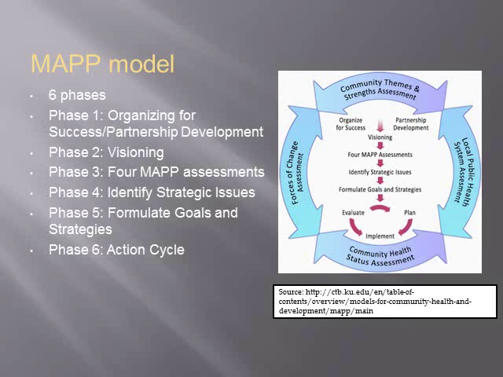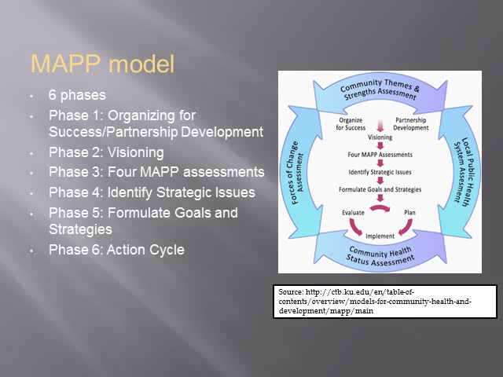Phase 2, or visioning, introduces the process to the community to garner support and or interest in the project. This phase also opens up the project to be shaped by the community, so the program can result in an outcome the community envisions. Phase 3 of the MAP model is the 4 MAP assessments.